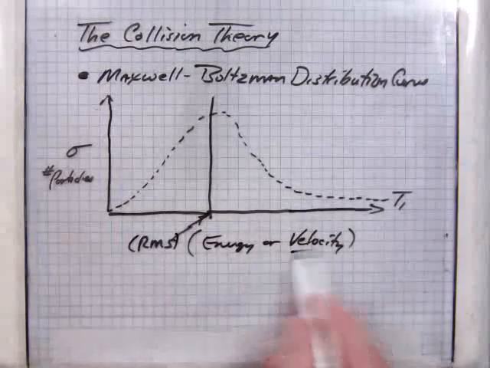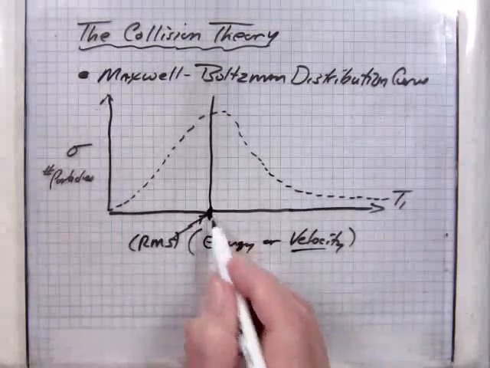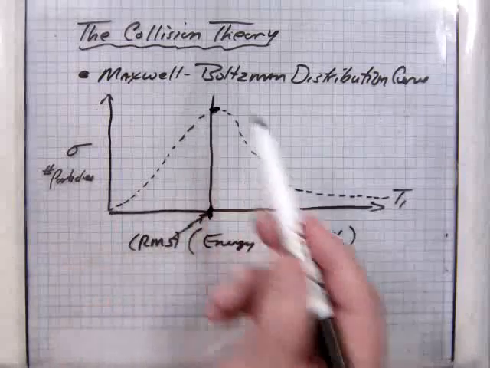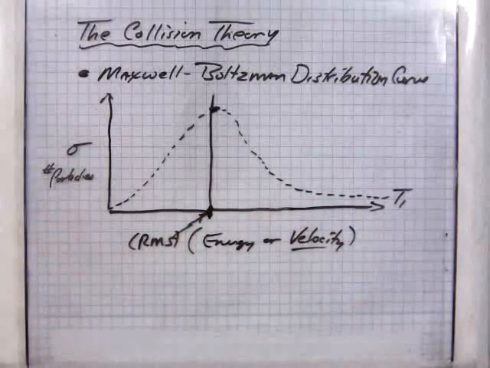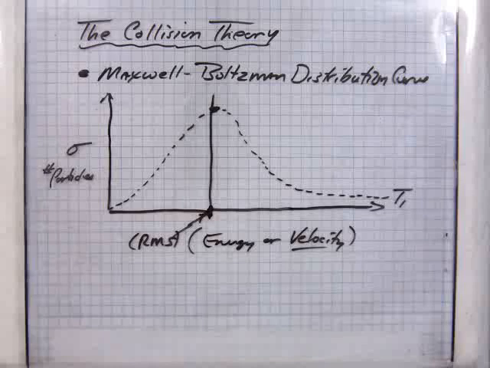If you're plotting in velocities, that would be the highest peak, well, use your imagination, highest peak in that curve, and it's also the median of the energy content of particles in that curve.